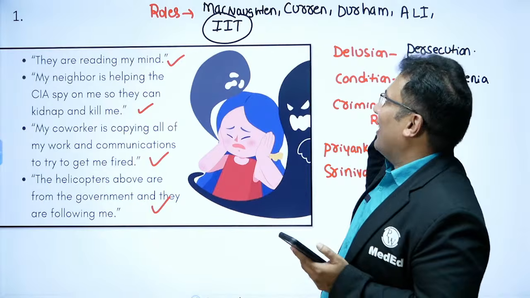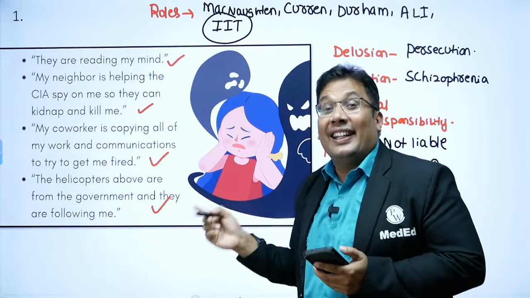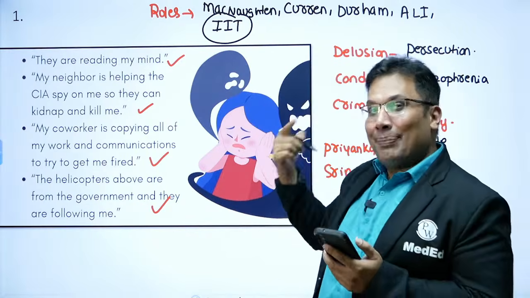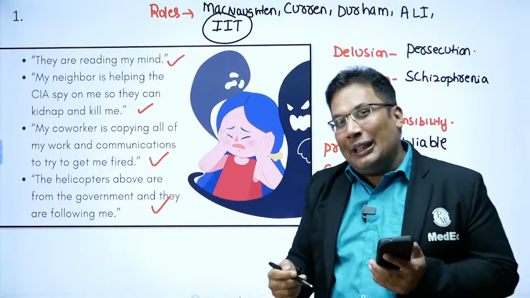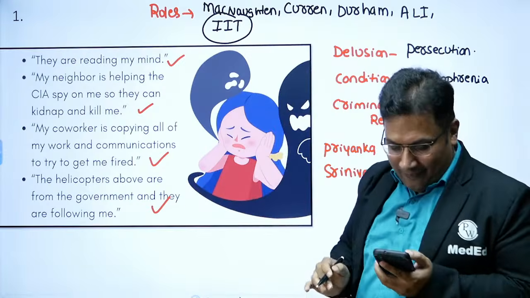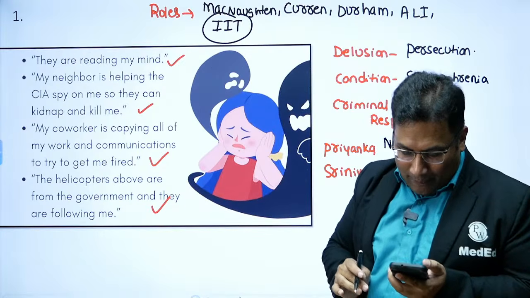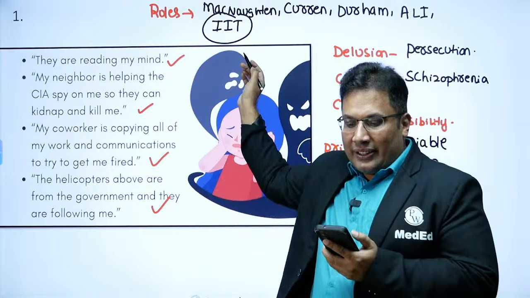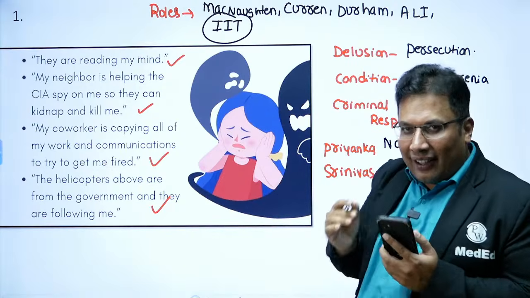There are 5 rules of insanity. Insanity means an insane person, not a sane person, meaning he is suffering from mental illness. So all of you mention all the 5 rules in the chat box. It's mandatory.